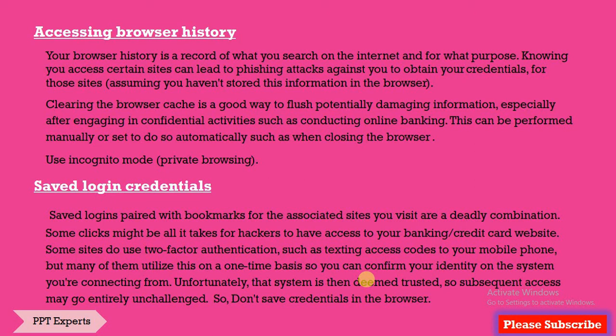If you are doing any online banking, or visiting any site on which you have to make a payment, you should do everything in this incognito mode, which is a safer mode because it will not save the history and cache.